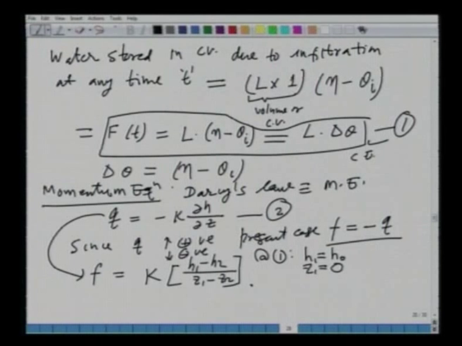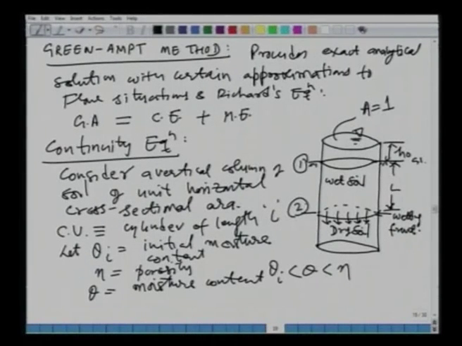Now, at cross section 2, what is H2? This is going to be very important to understand. So let me go back. At this 2, this is your direction, and this is your datum here. Now, what is the energy which is causing the water to infiltrate between this length L? Infiltration is due to two forces, as we know.